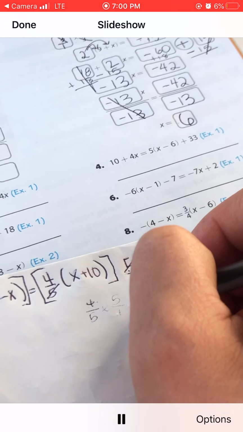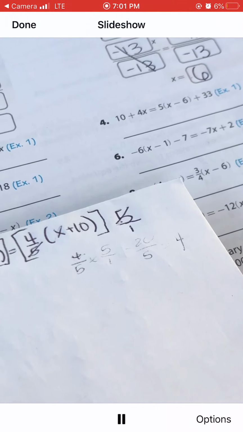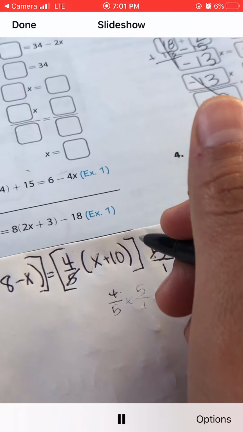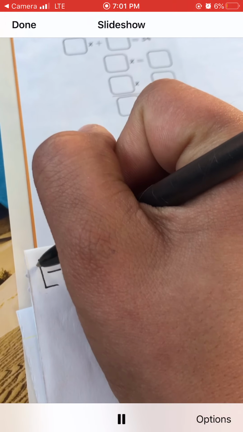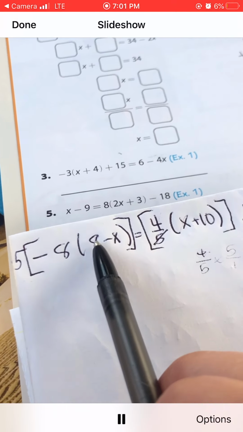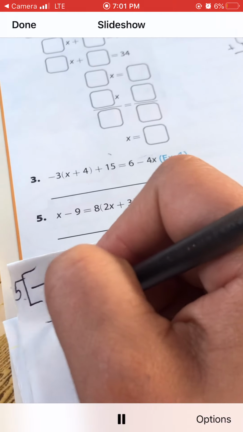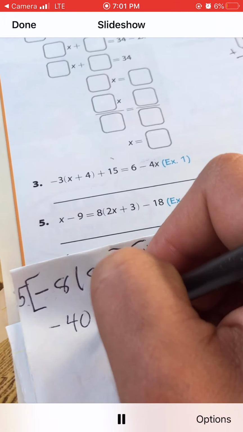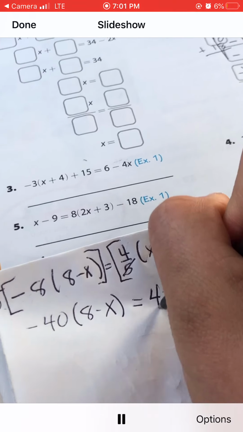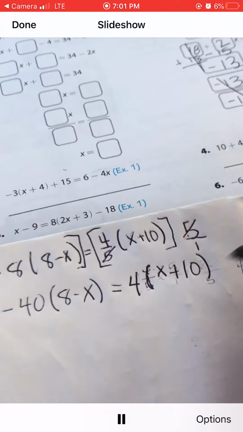And that's 20 over 5, which equals just simply 4. Which is what we are being left with. And you also multiply this side by 5. But you don't multiply the inside, you only multiply the outside number. So 5 times negative 8, negative 40, times 8 minus x equals 4 times x plus 10.